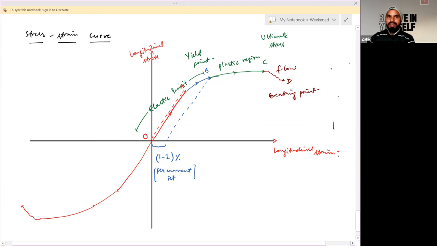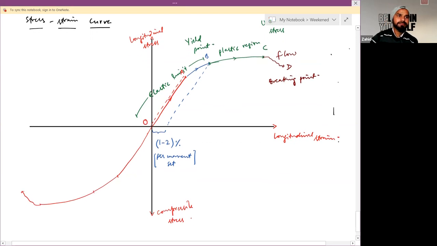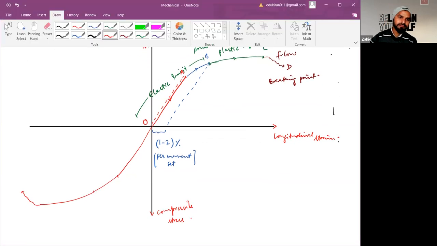So in the above part, we have longitudinal stress. Similarly, some compressive stress may be applied to this particular object to compress it like this. Now we have to define these points related to this curve.